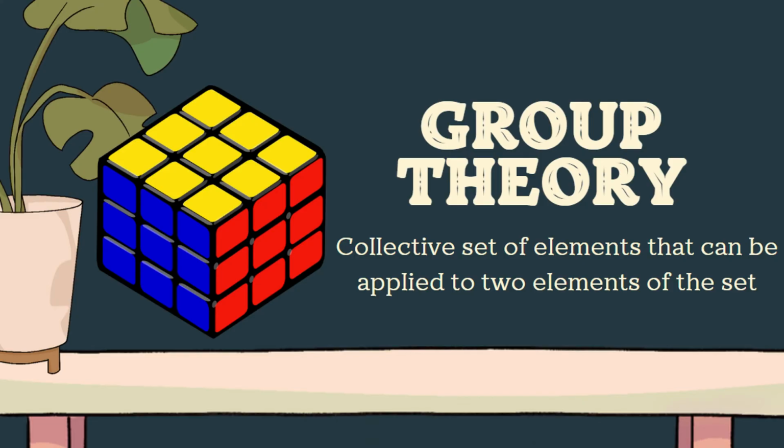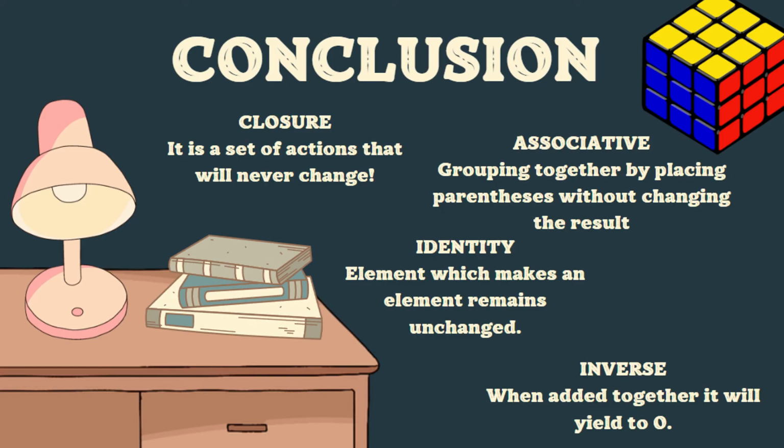Once again, to summarize what I have discussed today, group theory is a collective set of elements that can be applied to two elements of the set. Just like what I discussed earlier, there are 4 axioms in group theory, and in some puzzles, specifically the Rubik's Cube I showed you earlier.